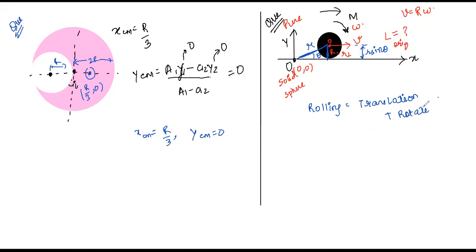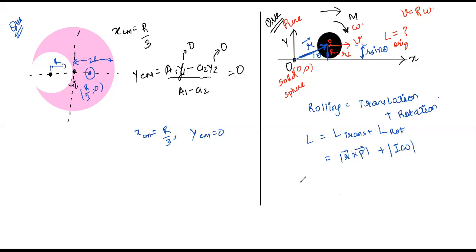So even in order to find the net angular momentum, we will take angular momentum because of translation and angular momentum because of rotation, right? Because of translation, angular momentum is the magnitude of r cross p, where r is the position vector of that point with respect to the origin. And L rotational is I omega.